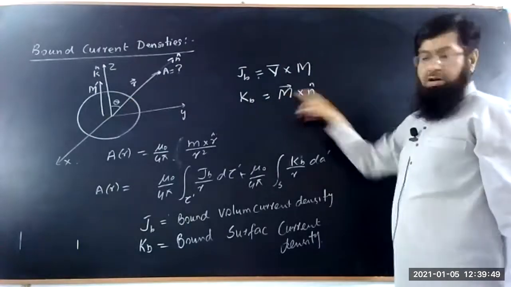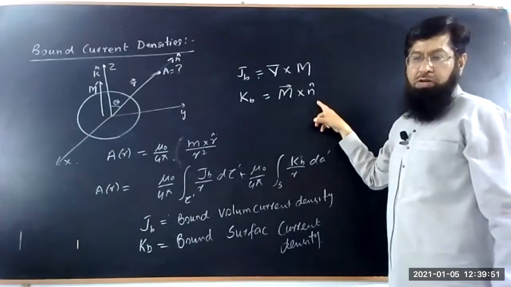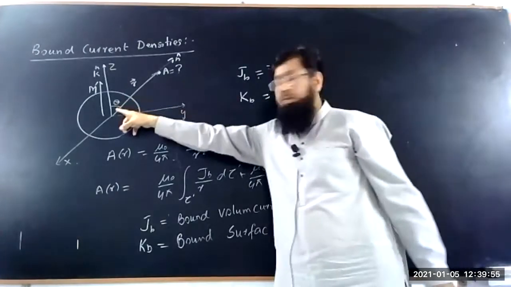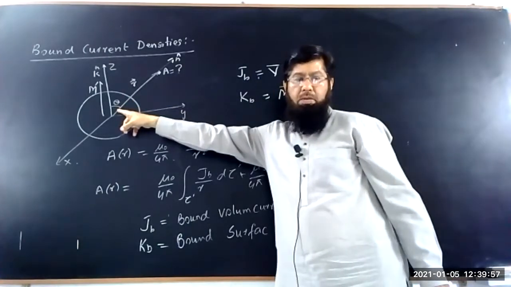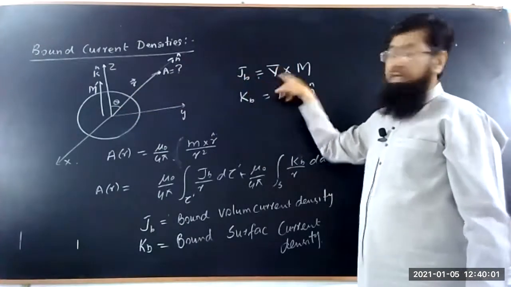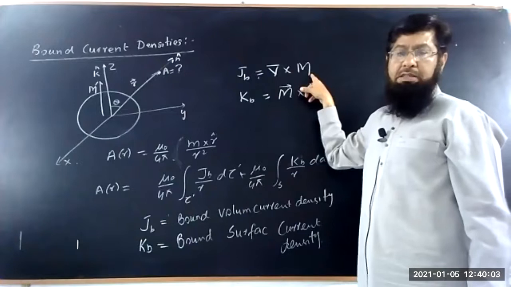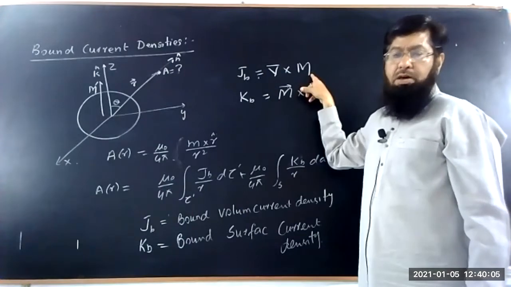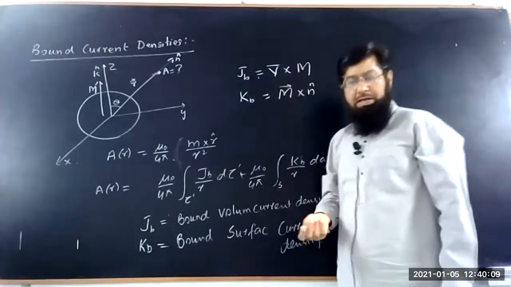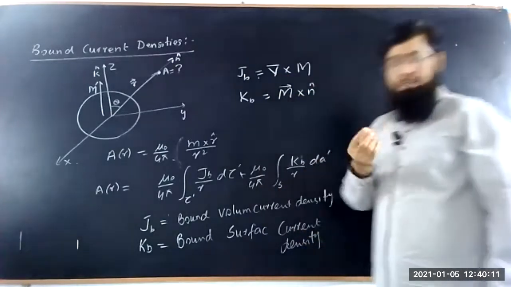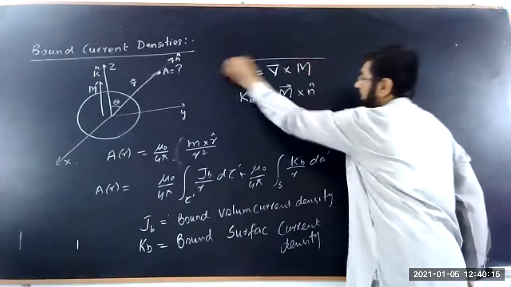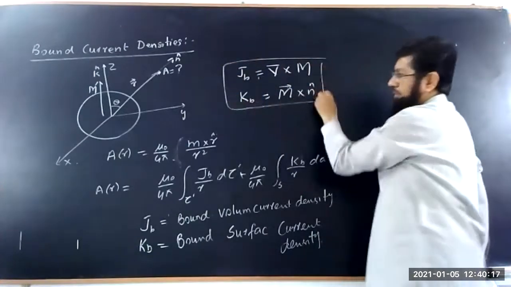So M cross n is equal to M times sine of the angle between them, and here that angle is theta. J_b indicates the curl of M. Curl of M gives the rotation of M along the x-axis, y-axis, and z-axis if we consider it in three dimensions. This is what we discussed in our last lecture.